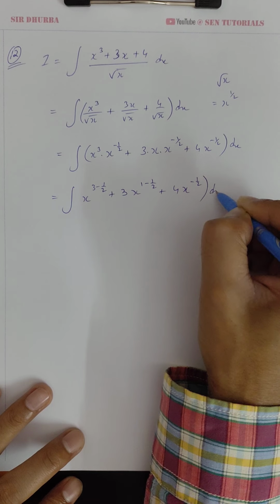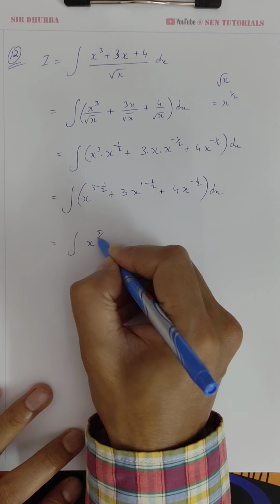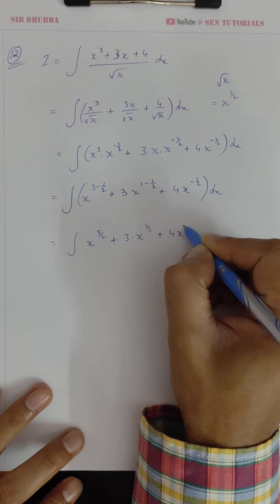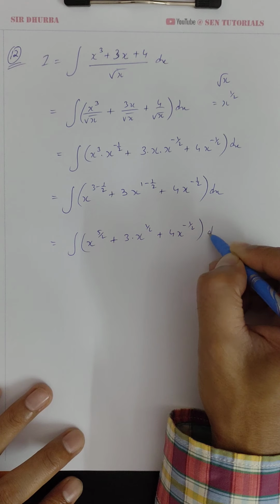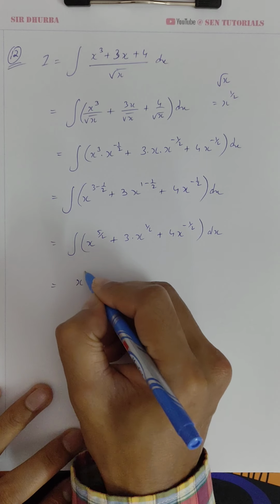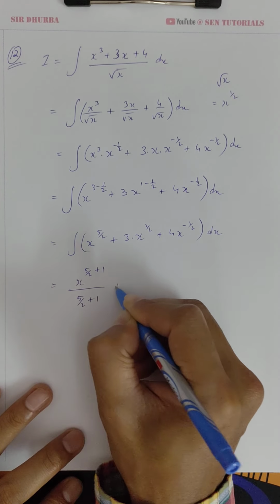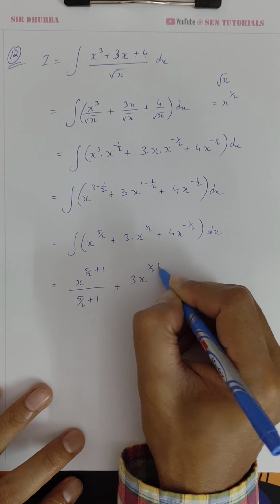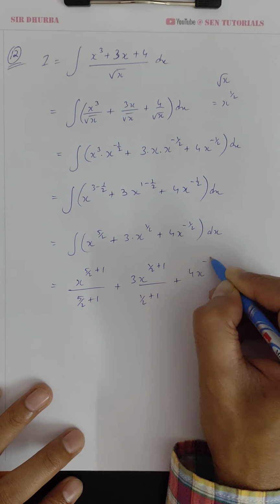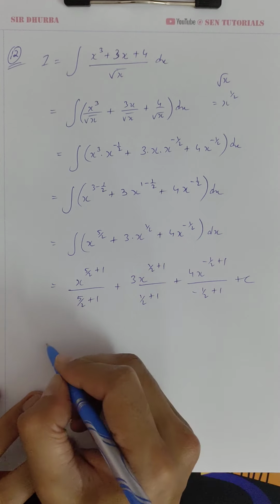3 minus 1 by 2. So that's going to be integration of x power, 6 minus 1, that is 5 by 2, plus 3 into x power 1 by 2 plus 4 x power minus 1 by 2. Then that's going to be x power 5 by 2 plus 1 divided by 5 by 2 plus 1, plus 3x power 1 by 2 plus 1 divided by 1 by 2 plus 1, plus 4x power minus 1 by 2 plus 1 divided by minus 1 by 2 plus 1, plus the integration constant.